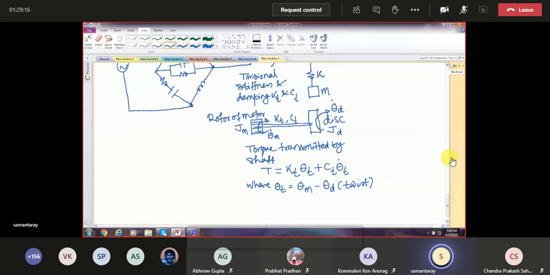That relative velocity is the same for the torsion of the shaft stiffness as well as the damping. So based on this, we will develop our model. The left part of the model is as it is. I will keep it as it is, so the left part of the model will be retained.